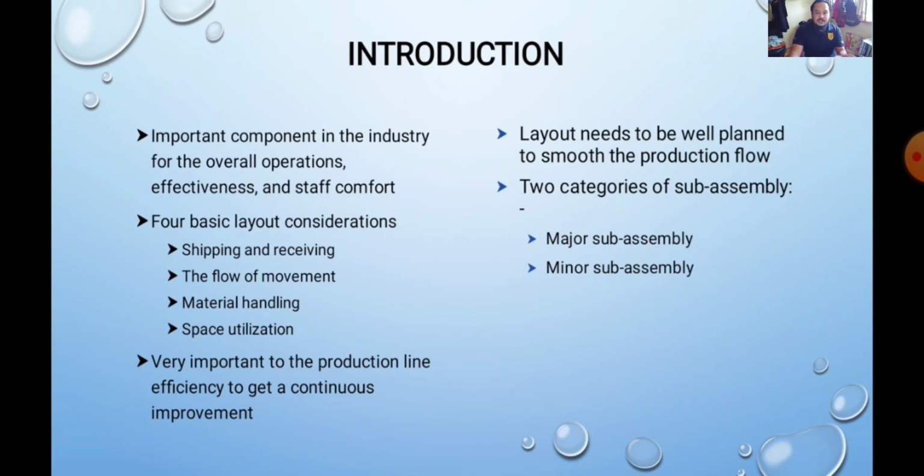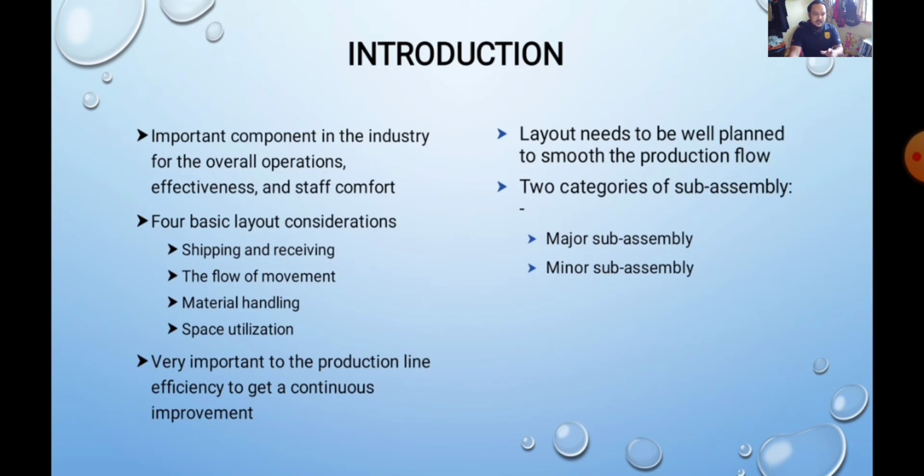So in production, the layout needs to be well planned to smooth the production flow, especially in the assembly line, where there are sub-assembly parts that also affect the entire production process.